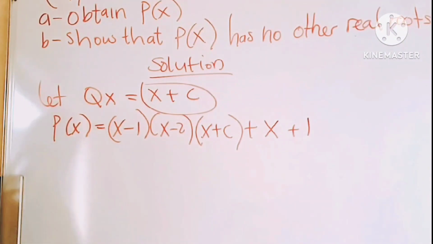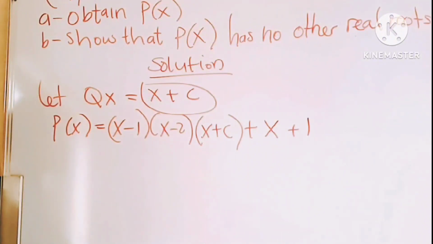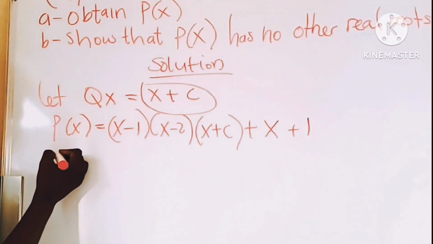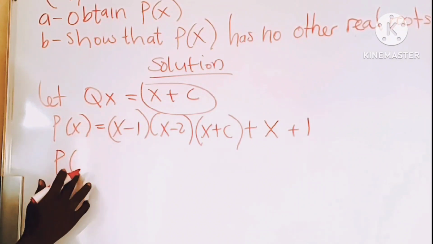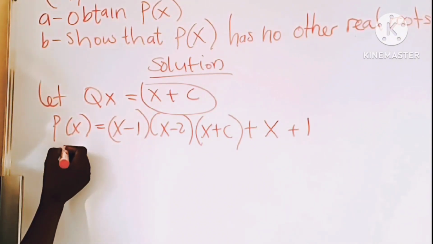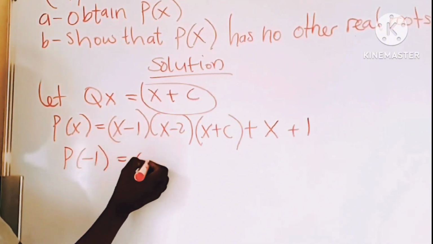We have information that could help us. They say -1 is a root of P of x. When I say -1 is a root of P of x, what does it mean? It means that P of -1 is equal to 0.